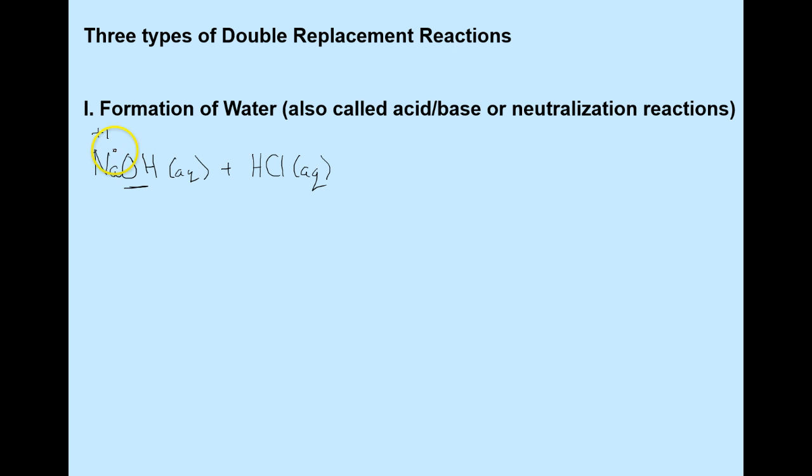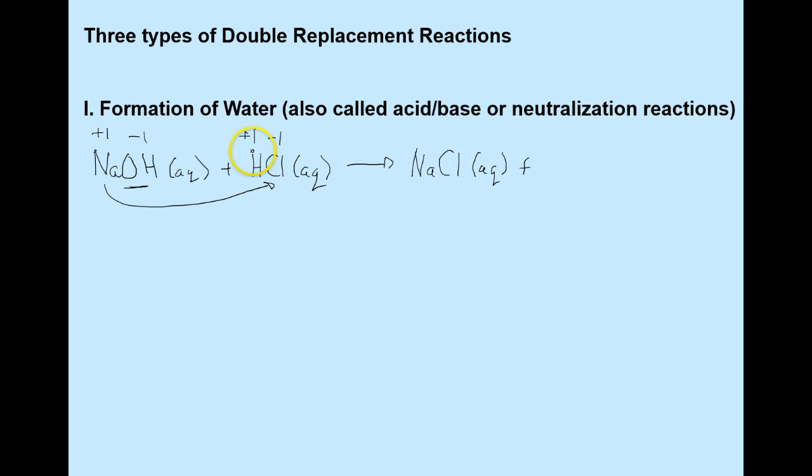So we have a positive one on the sodium, negative one on hydroxide, positive one on the hydrogen, negative one on the chlorine. So let's take our positive of the first, react it with the negative of the second. Correct formula, positive one, negative one, that gives us sodium chloride, which will be our aqueous solution.